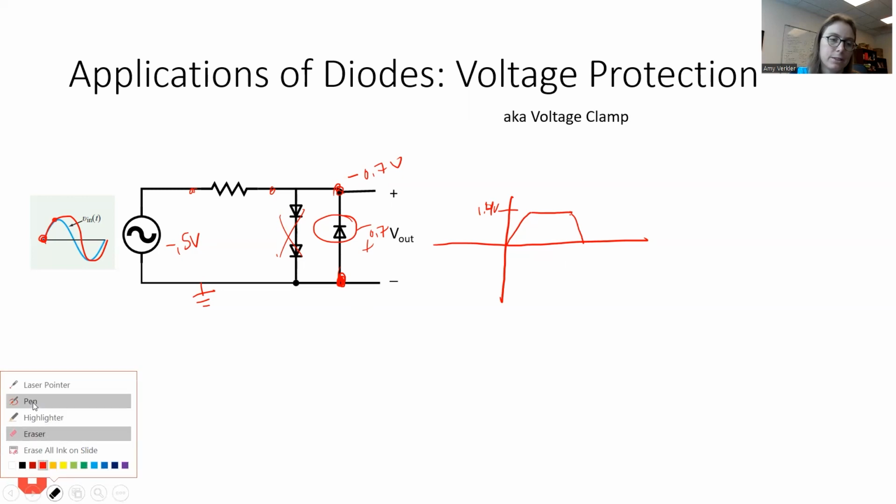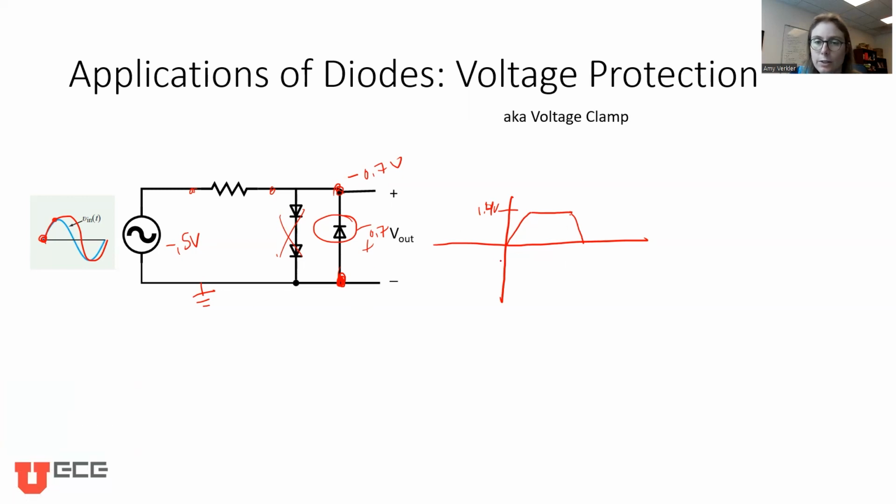Okay. So now we're only going to come to 0.7 down here. So it's just going to track the input and then be flat and then track the sinusoid. So you can imagine we have a sinusoid like this, only we're clamping that voltage at a maximum and a minimum in this circuit.